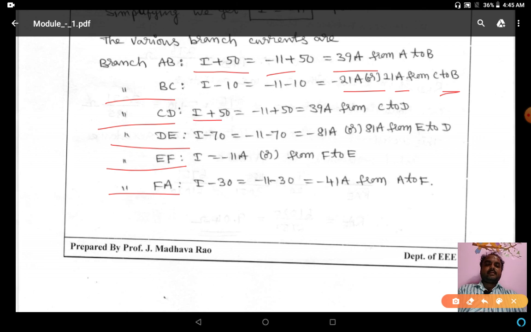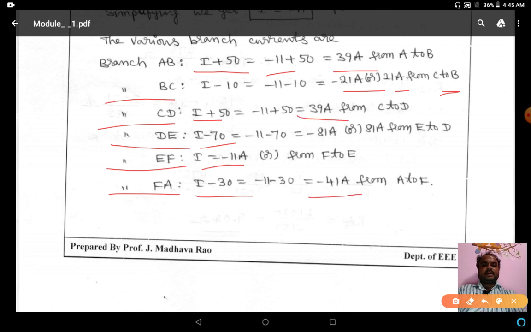So branch CD is I plus 50, DE is I minus 70. Branch EF is I, which is equal to minus 11 amperes, and branch FA current is I minus 30.